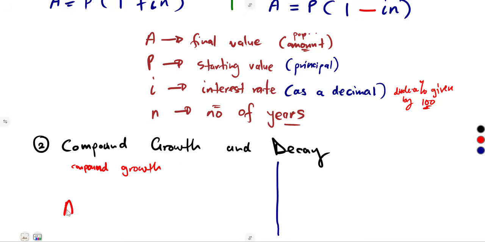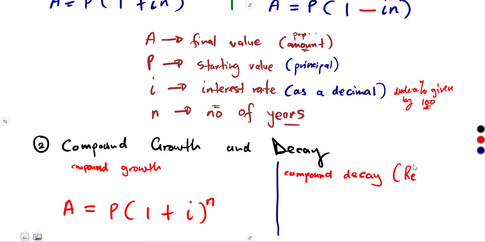So in this case, our amount is equal to P into what? That's 1 plus I, in a bracket, to the exponent of n. Whereas when we are dealing with a decay, a compound decay, which is also referred to as the reducing balance method, where there is a reduction.